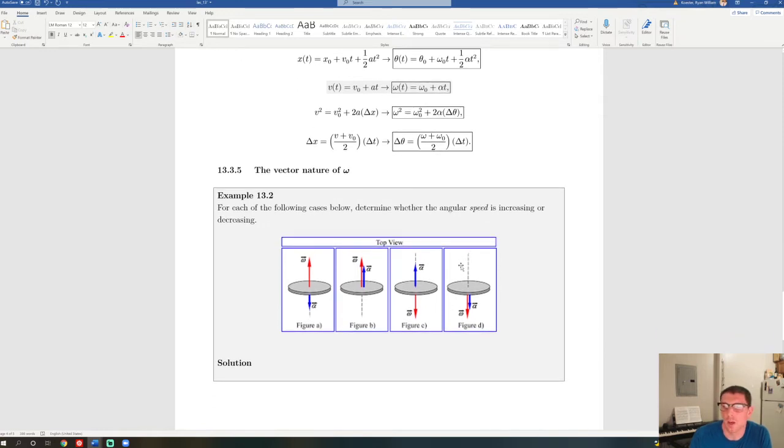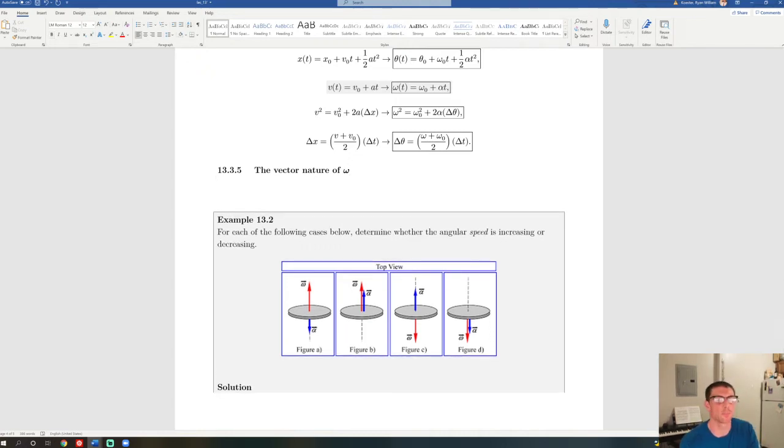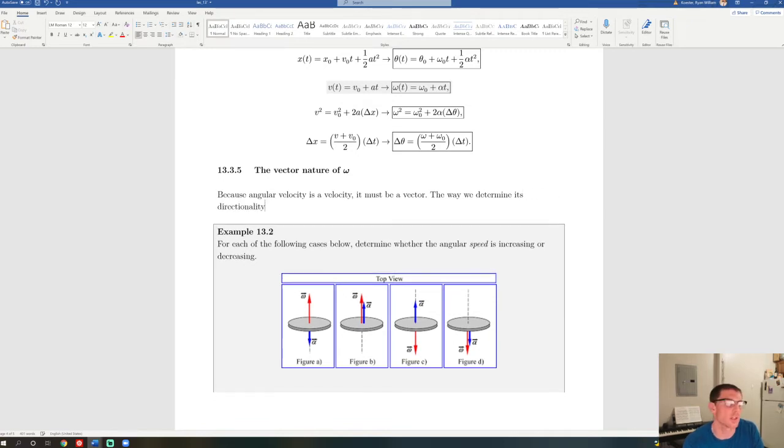Okay, cool. So let me just say, we have an example to do here, but what I want to say is that because angular velocity is a velocity, it must be a vector, right? And the way we determine its directionality or orientation is with the right-hand rule.